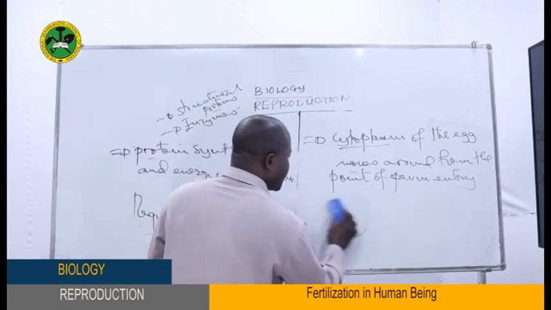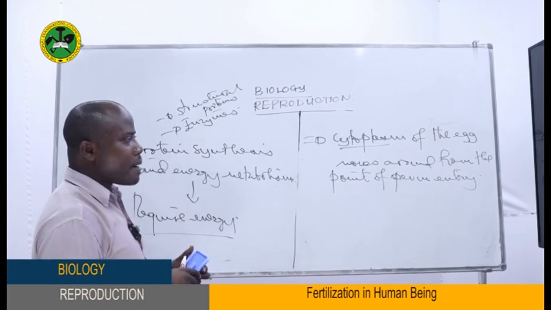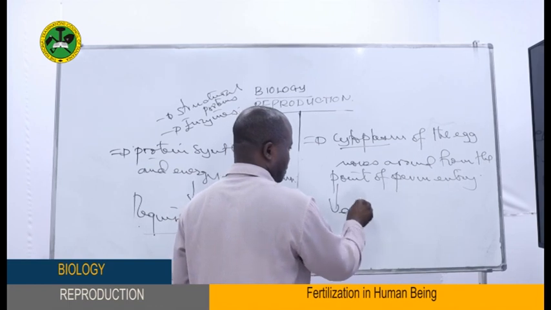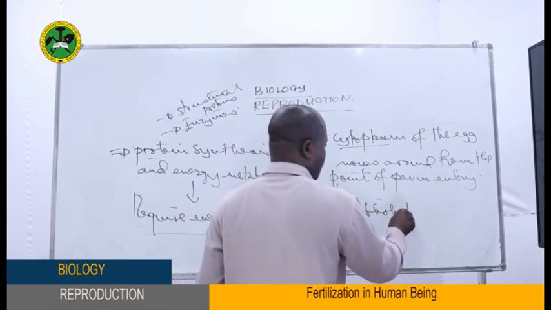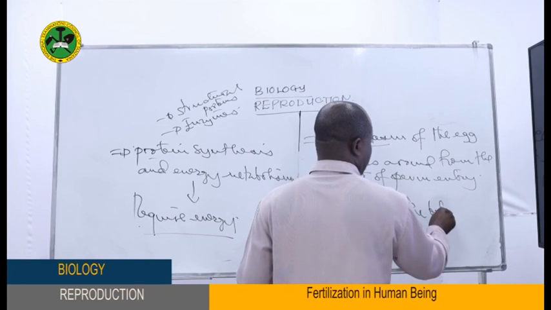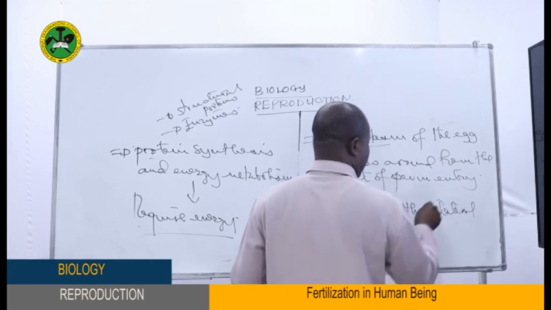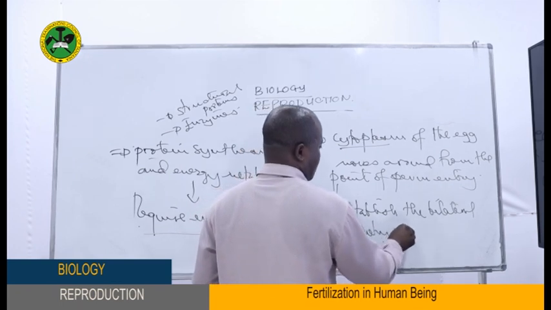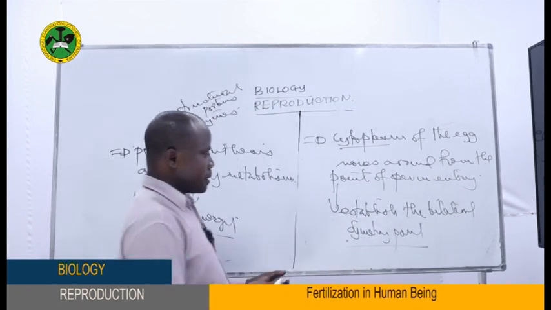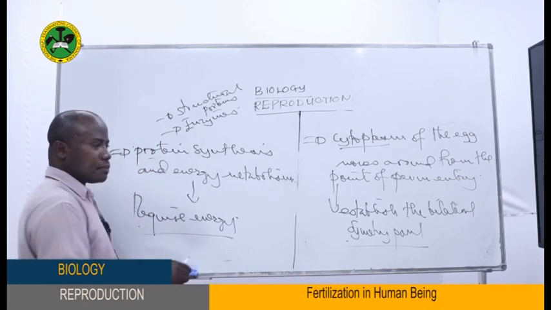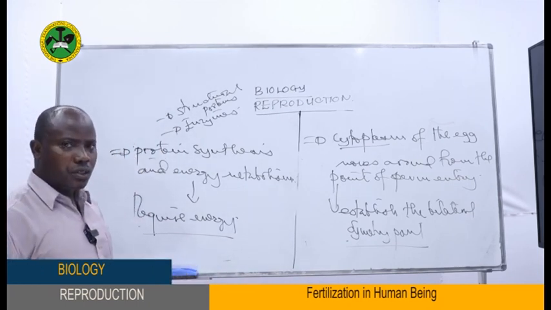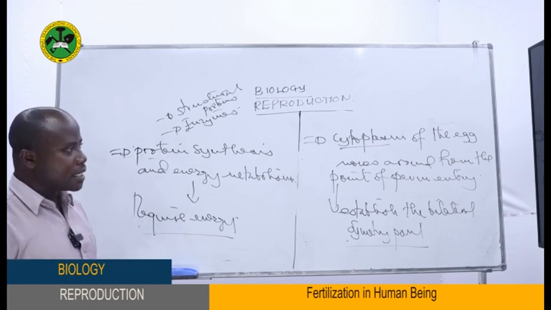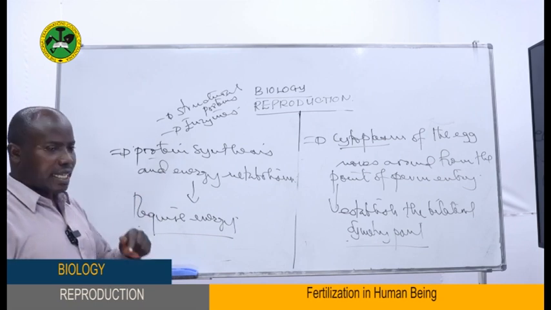The significance of this is to establish the bilateral symmetry point. Human beings are one of the organisms which has bilateral symmetry. The bilateral symmetry is established during fertilization.